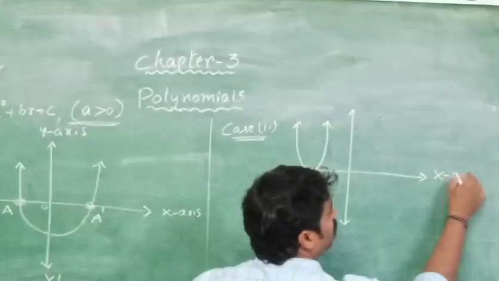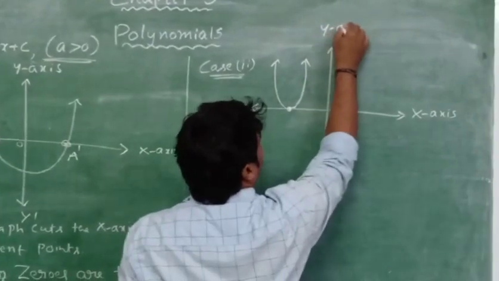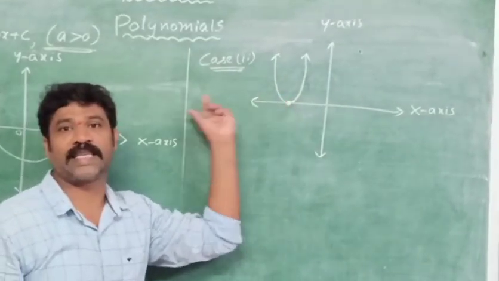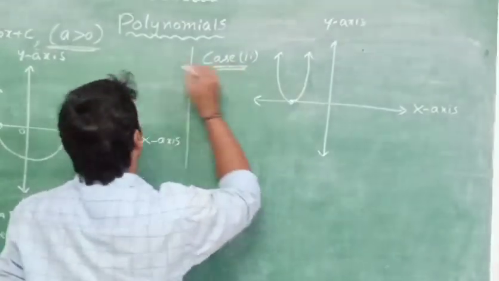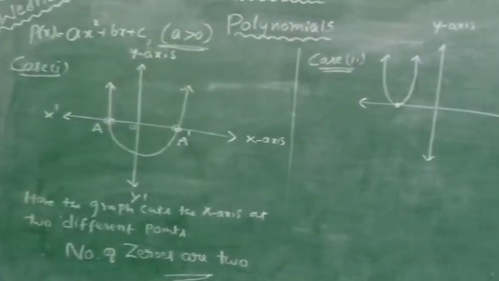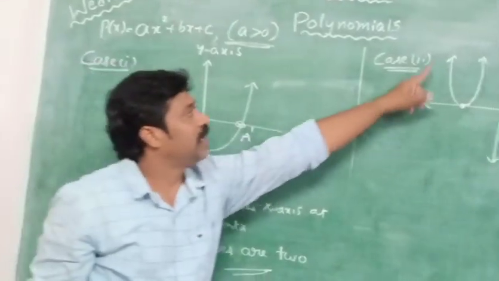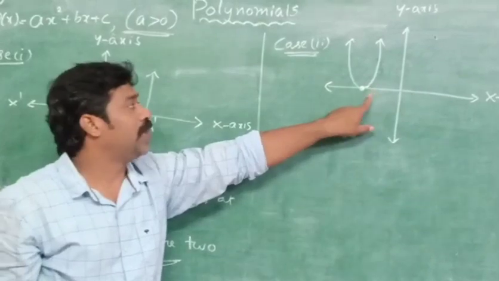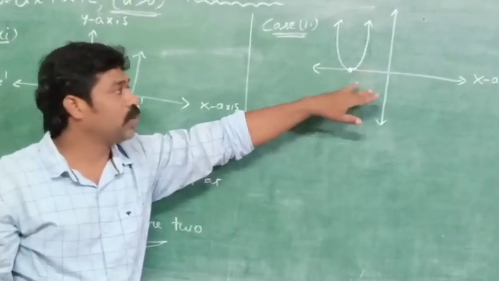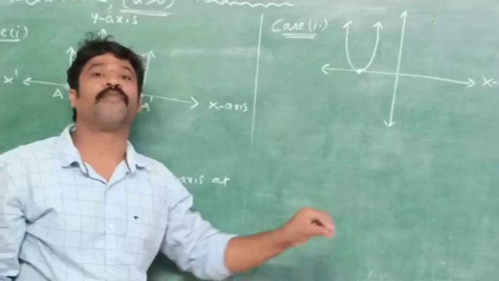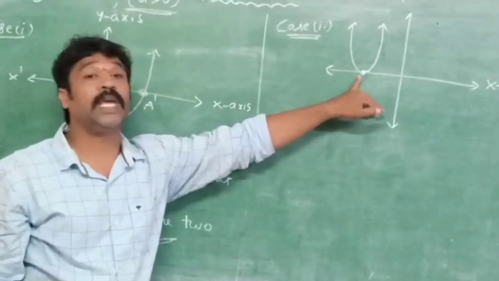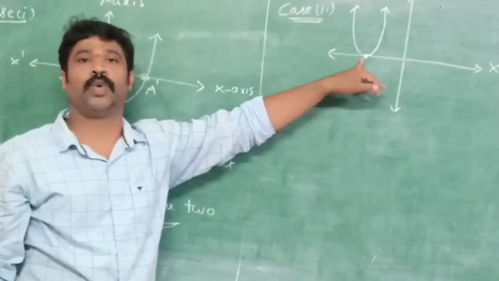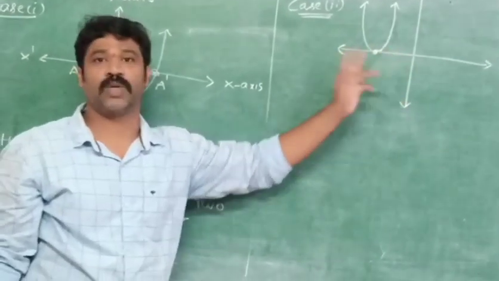This is the x-axis and this one is the y-axis. But it is a quadratic polynomial, so how many zeros do we have to get? We have to get 2 zeros. But here the graph cuts the x-axis at only one point. So we should not say that it has only one zero. We have to conclude that it has 2 zeros of equal values, or 2 equal zeros. For example, if x is equal to 2, the other value is also 2 only. So we will get equal zeros.